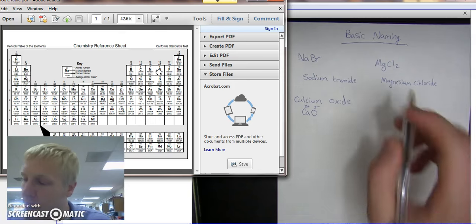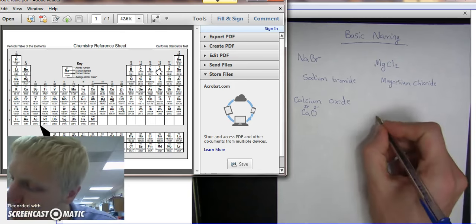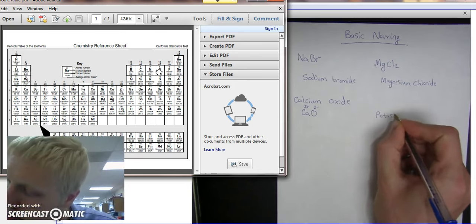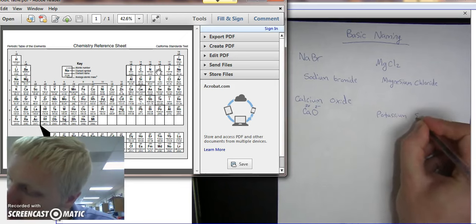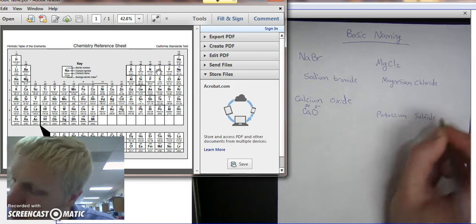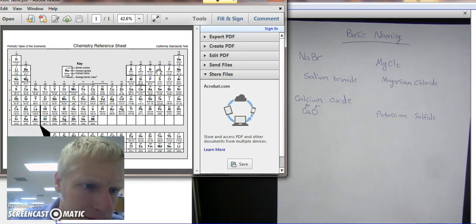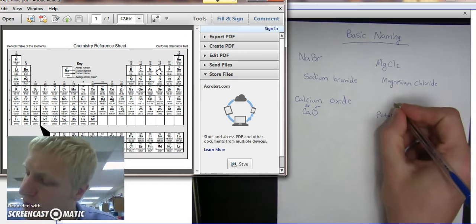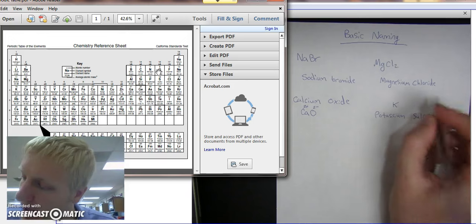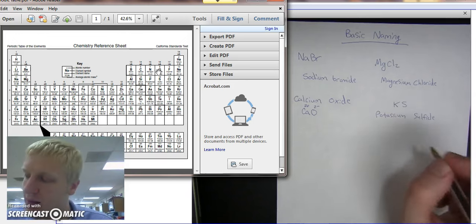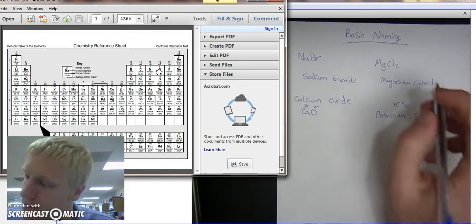Trying another problem, let's do potassium sulfide. We have K for potassium, S for sulfide or sulfur.